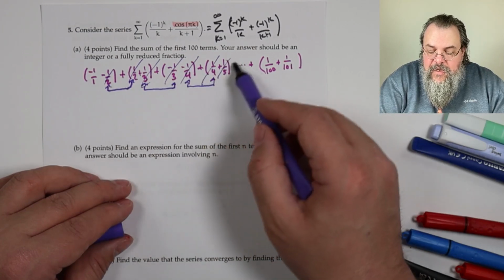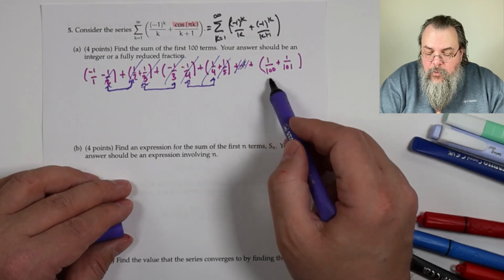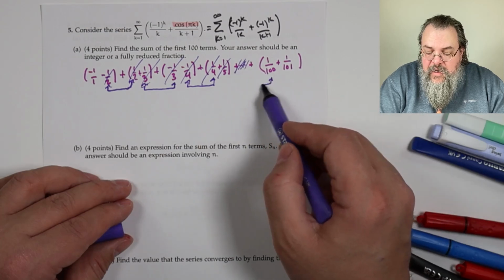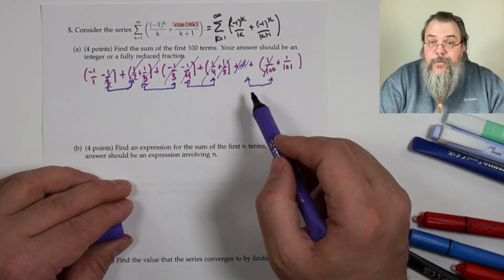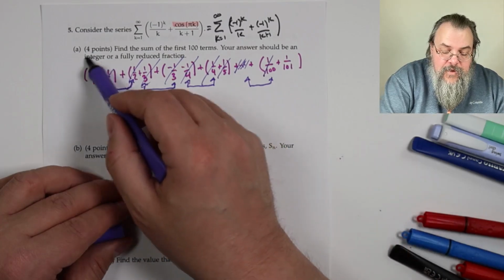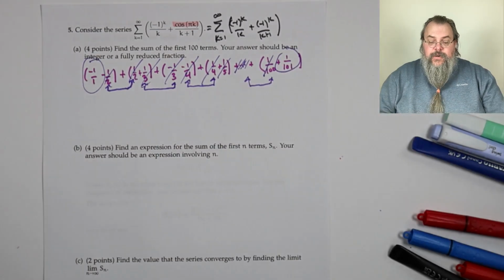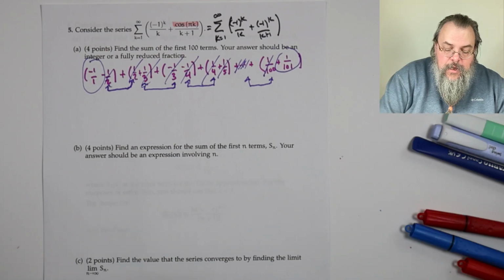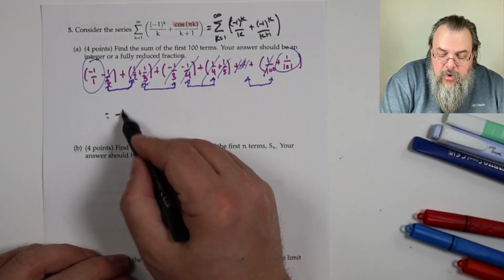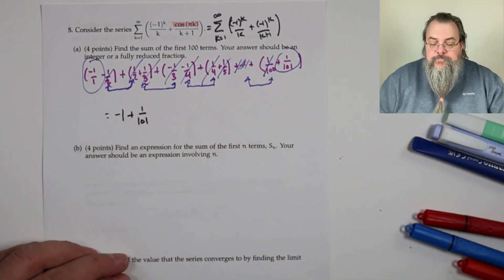And so this is going to cancel with what comes next. Lots of cancellation happening in the middle. And now this 1 over 100 is going to cancel with what came before. So that's gone. What's left? Well, we have this term at the start and that term at the end. Okay, so we are left with a minus 1 plus 1 over 101.